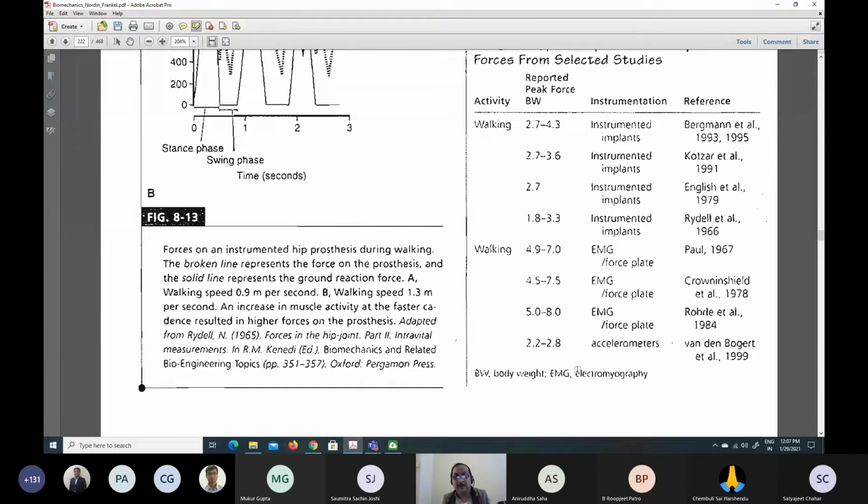If you consider more demanding activities like running or jumping, this ratio can go up to 8, it can go up to 10. Consider a cricket player, a fast bowler, who is delivering a ball on a single leg.